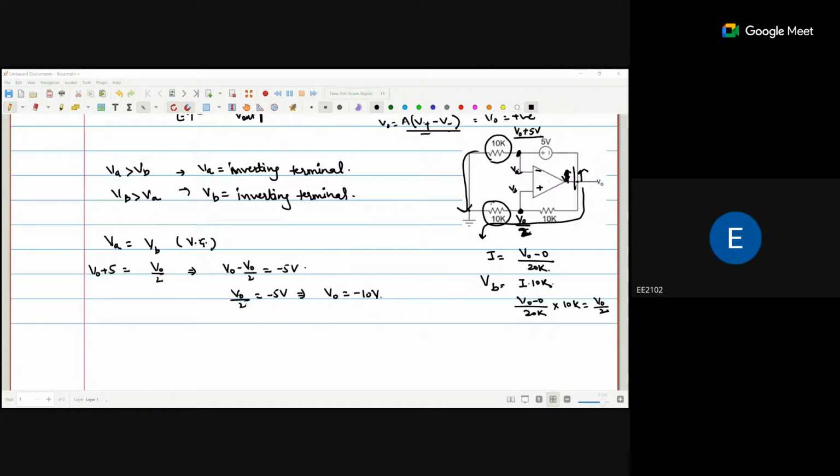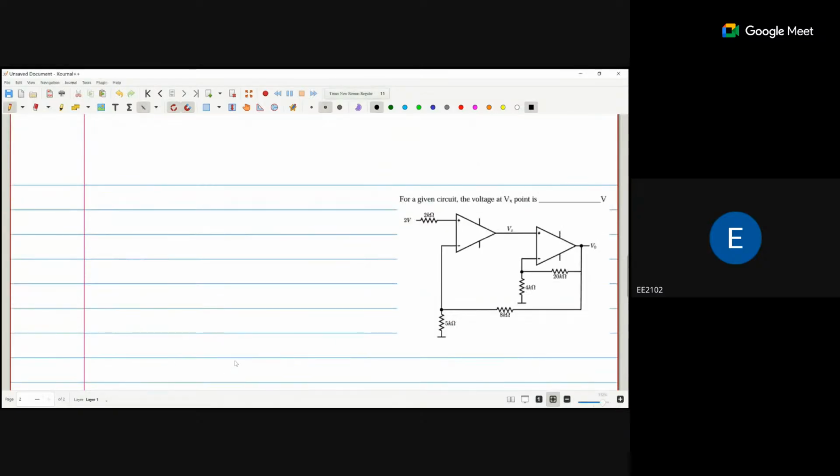Now it is clear. Question number 11. Okay, now we go to question number 12. They are asking for the voltage at the Vx point. We know that this operational amplifier will be working in negative feedback.